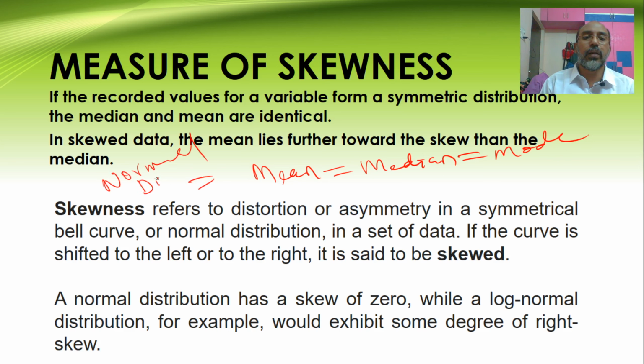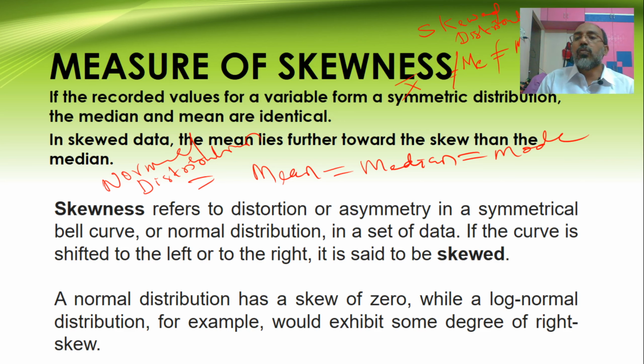When mean, x bar, is not equal to median, not equal to mode, then it is called a skewed distribution. Okay, so this distribution is called skewed.